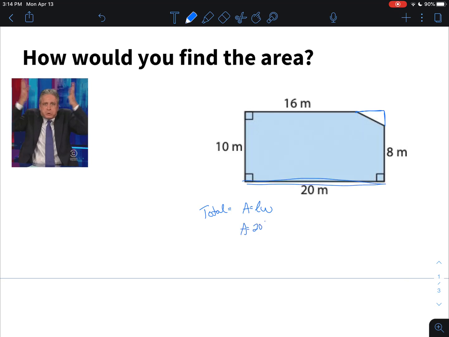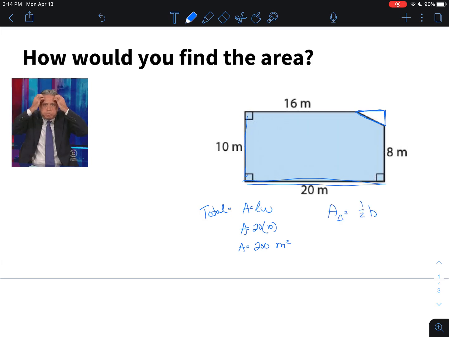The length of the whole rectangle is 20, and the width is 10. So the area of the whole entire rectangle is 200 square meters. But I don't want the whole rectangle. I actually need to figure out this triangle's area, and I need to subtract it from the rectangle.